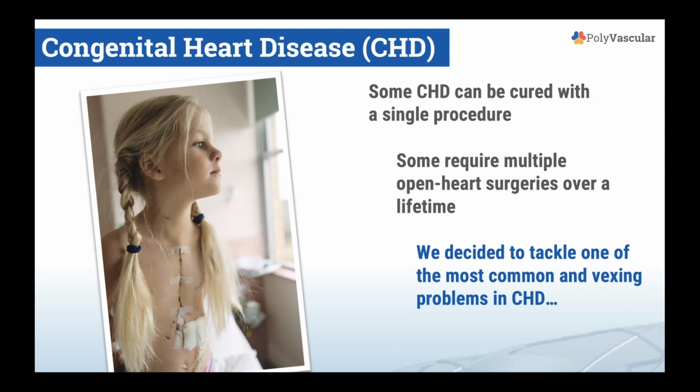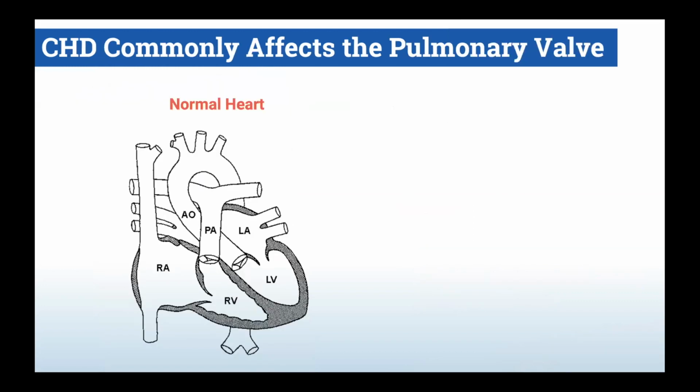Generally speaking, kids don't need another procedure after that. But other heart defects require multiple procedures and often multiple open heart surgical procedures over their lifetimes. And that's where we decided to focus our energies to tackle one of these very vexing problems in congenital heart disease, which is the problem of poor durability of replacement heart valves.